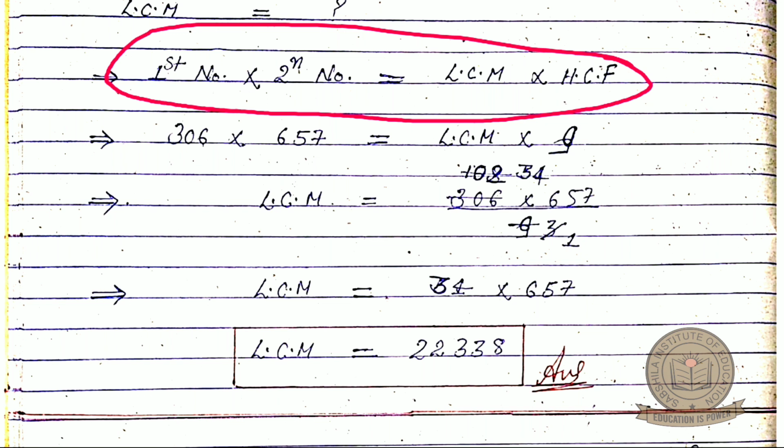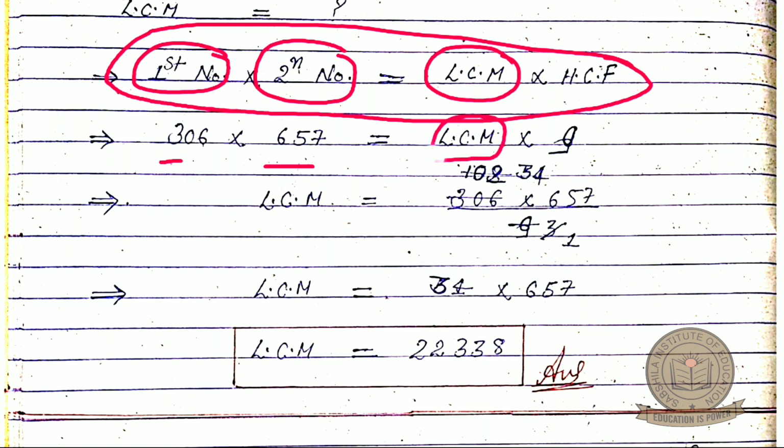What is the value of first number? That is 306. What is the value of second number? That is 657. What is the value of LCM? We have not. So we have to find the value of LCM. So write directly LCM. What is the value of HCF? That is 9. Put LCM on one side and you have to send the next number, that is 9. 9 is in multiplication, the multiply will change into divide.